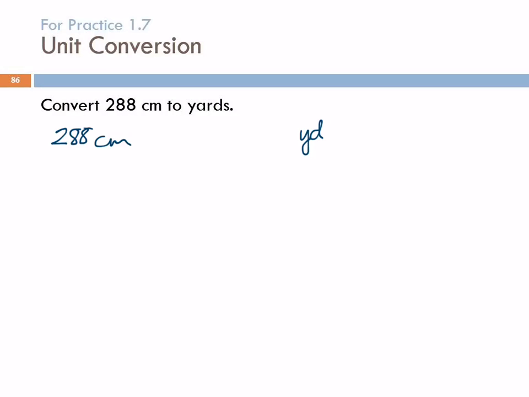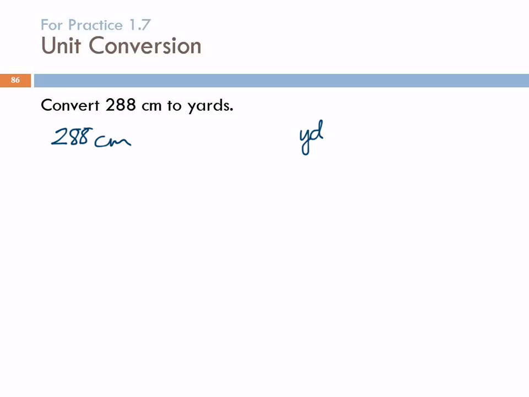The path that you take depends on what conversion factors you either know or have available to you. If you can look up a relationship between centimeters and yards, you could do this in one step. I don't know what that number is. So you might think, okay, well, we've got centimeters and we've got yards. We need to go from metric to English somewhere.